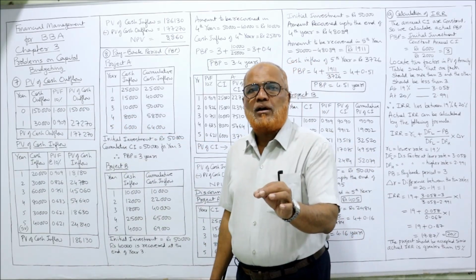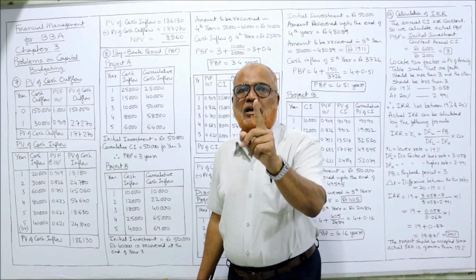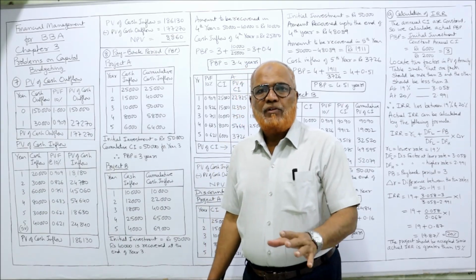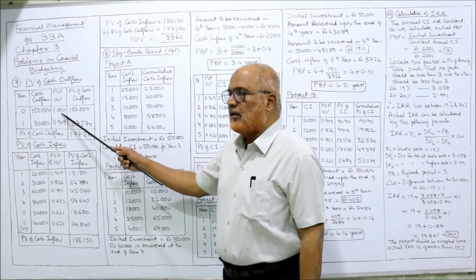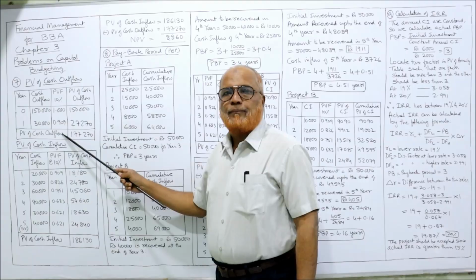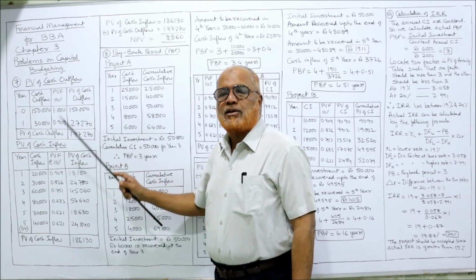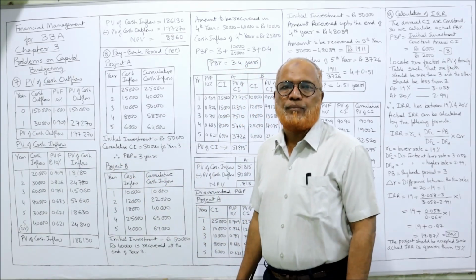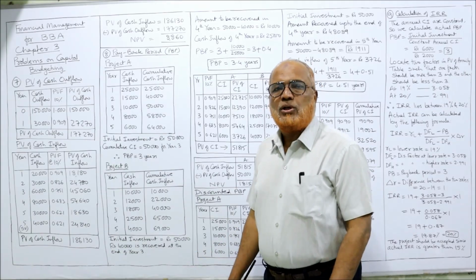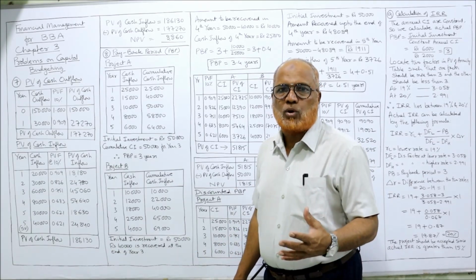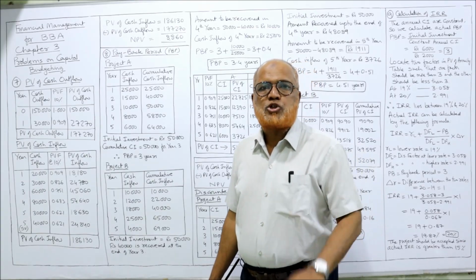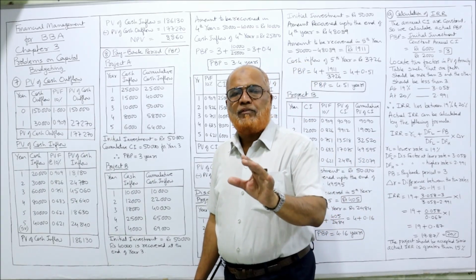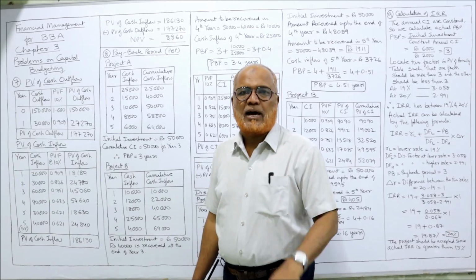Remember, for 0 year, always the PV factor should be taken as 1. The PV factor at the beginning of the year will always be taken as 1. At the end of first year, at 10% discount rate, 0.909. So these table values you can get from any textbook, and I have also uploaded in my description the PDF of PV values, present value and present value annuity values.